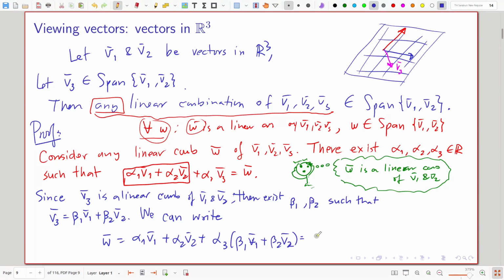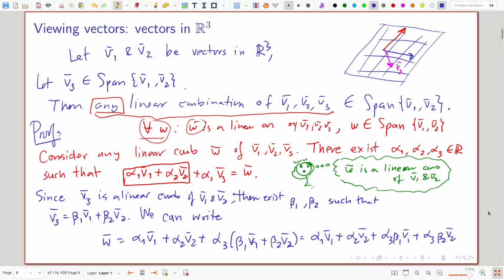And I expand a little bit, do some calculation, and then I get alpha 1 V1 plus alpha 2 V2 plus alpha 3 beta 1 V1 plus alpha 3 beta 2 V2. Is it in the span of V1 and V2? Is it a linear combination of V1 and V2? Yeah. You can factor V1 out, right?